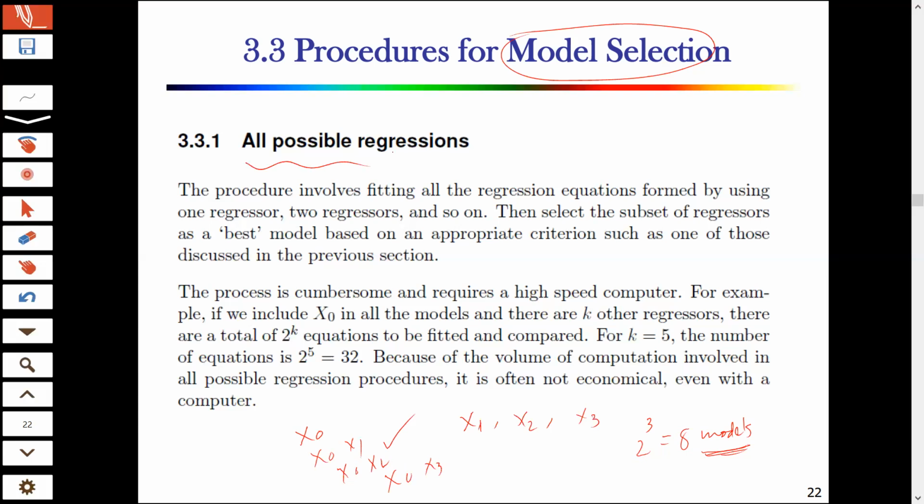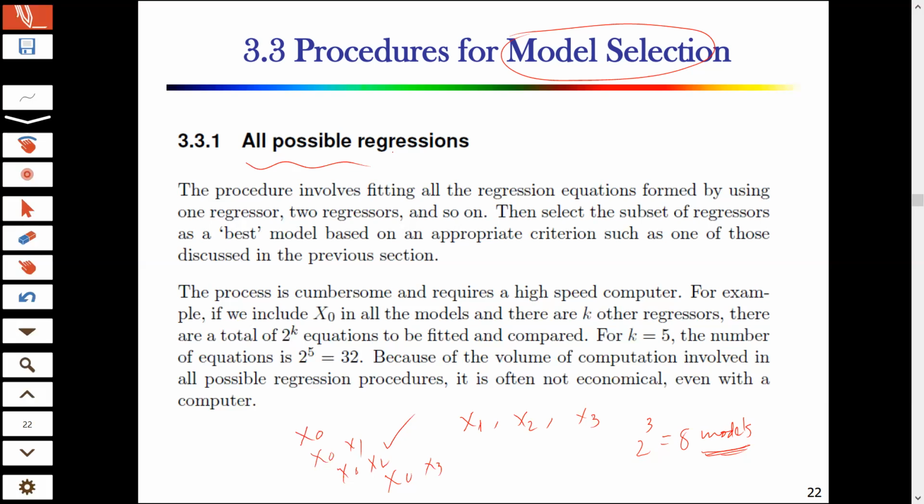The first method is called all possible regressions. The procedure involves fitting all regression equations formed by using one regressor, two regressors, and so on. That means one by one. Then we select the subset of regressors as the best model based on appropriate criteria, such as those discussed in the previous section. This process is cumbersome and requires a high-speed computer.